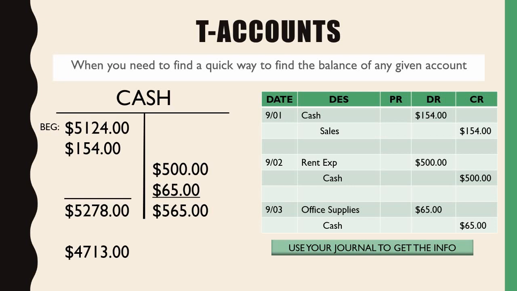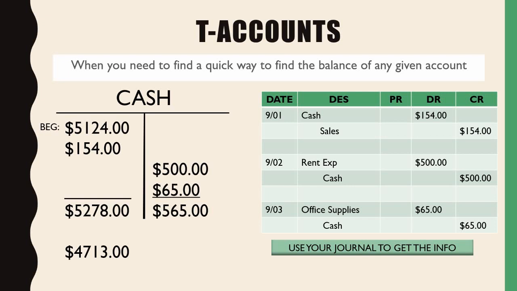Because I started off with 5,124. I added this sales, I subtracted my rent, and I subtracted my office supplies. So therefore, I should have a count of $4,713 left in my bank account. So that's just a quick tally up.